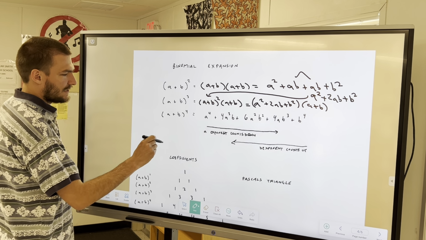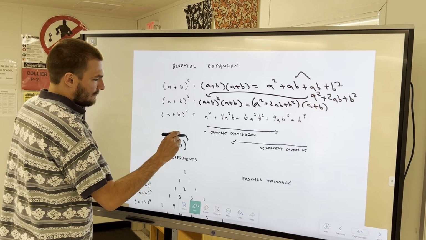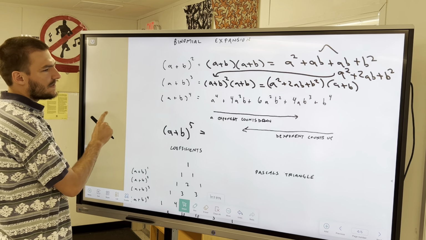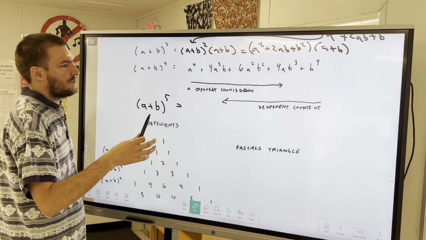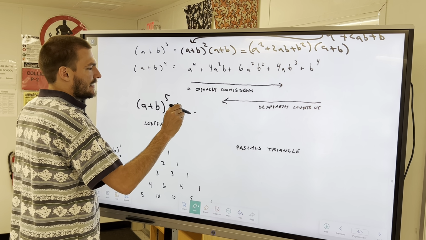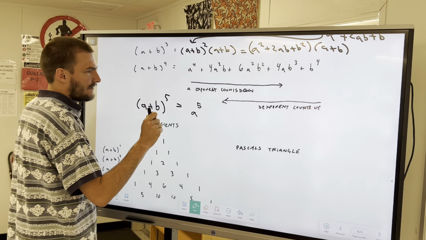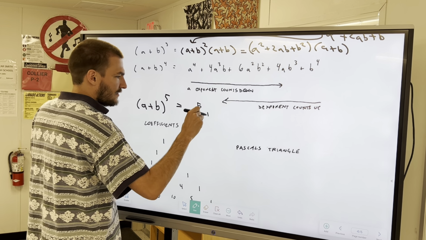I'm going to go down here and do maybe a plus b power 5, and see if we can use this pattern to come up with how it should work, okay? This fifth power should be a power 5, and then the a's should count down.